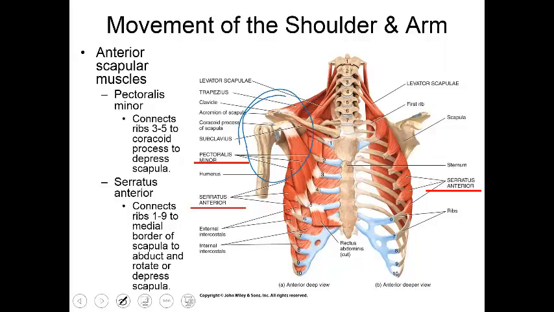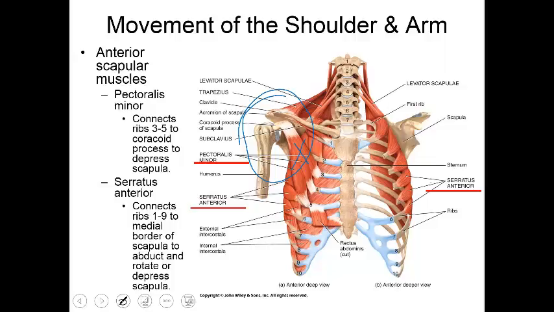The first muscle that we're going to go over is the pectoralis minor muscle. In the pectoral region we have two muscles. We have a pectoralis major, which is more superficial, and we have a pectoralis minor, which is deeper and the smaller of the two. So this muscle right here is the pectoralis minor muscle.